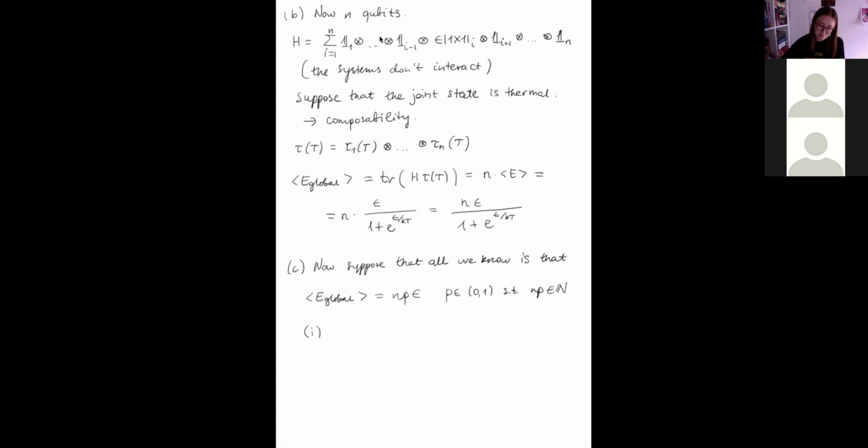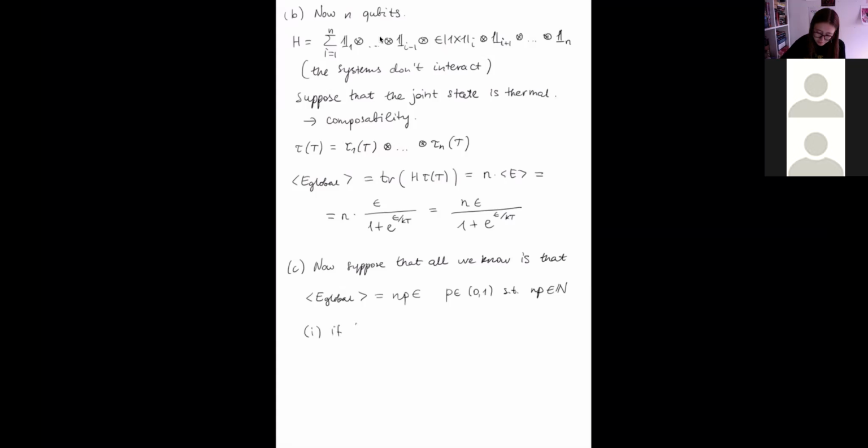And the first thing that we would like to compute is, if we're just given this energy and we're not given any notion of temperature, then actually we can derive what temperature is if the average global energy is such, and also if we additionally assume that the state is still thermal, the joint state is still thermal.